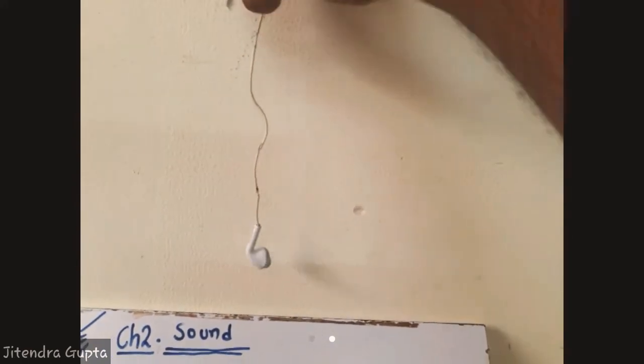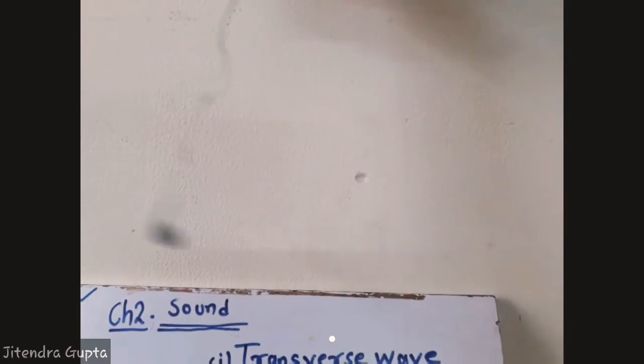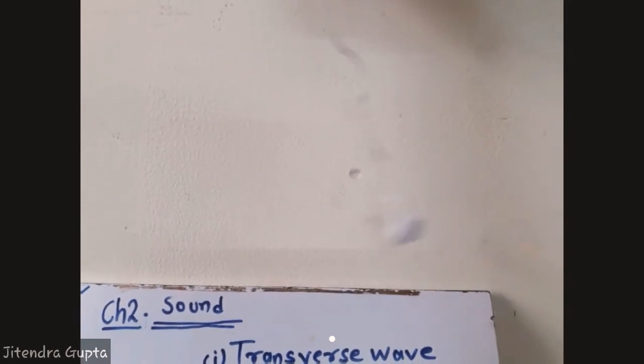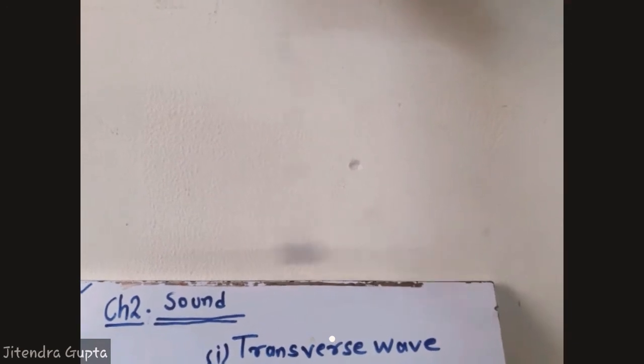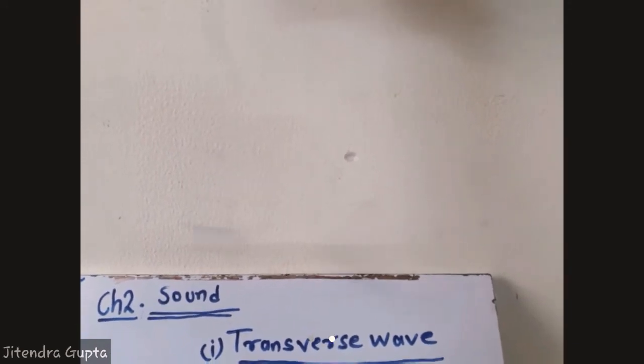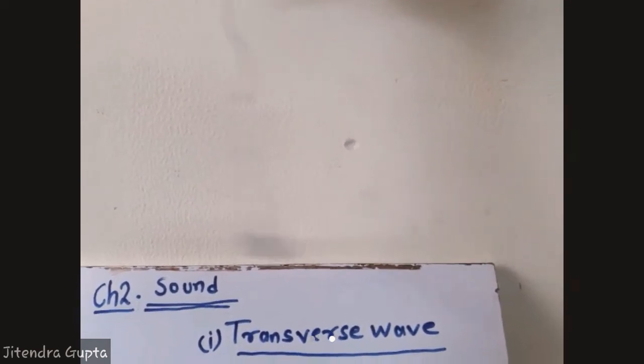Now I'll apply some force, and it will start moving, right? On the left side and right side it will achieve some extreme position, and then it will come back. So from the mean position it is going to the left and right extremes. That means the particle is vibrating perpendicular to its rest axis.